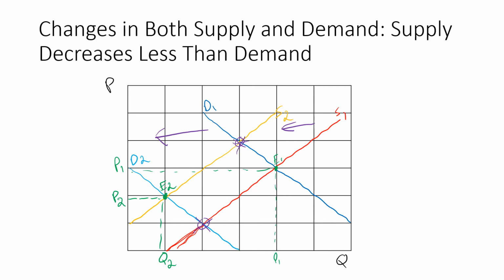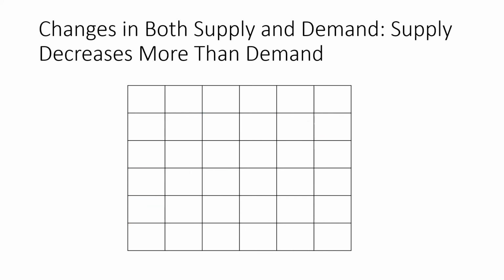We know if we're looking for what happens to price, the price will fall when the decrease in demand is greater than the decrease in supply. So what happens when supply decreases more than demand?